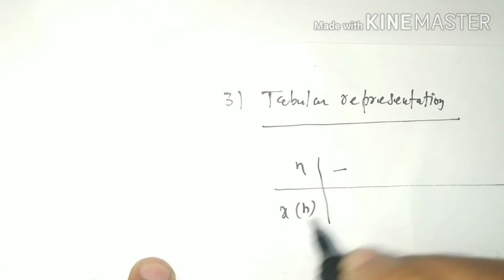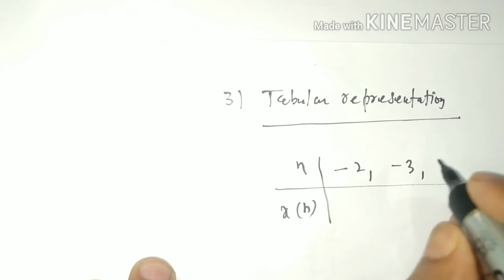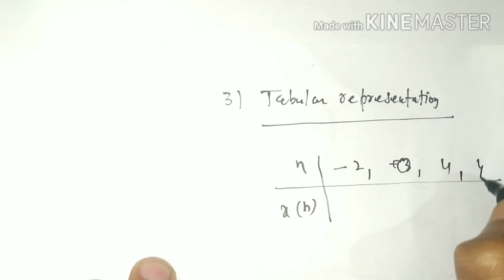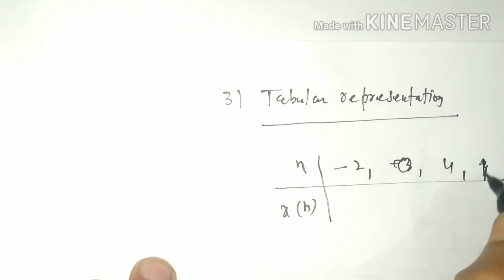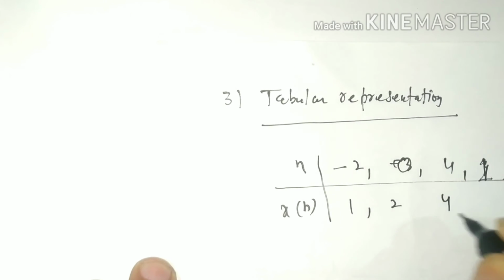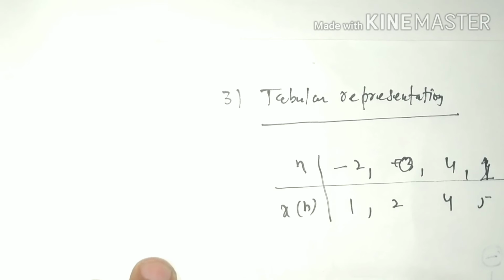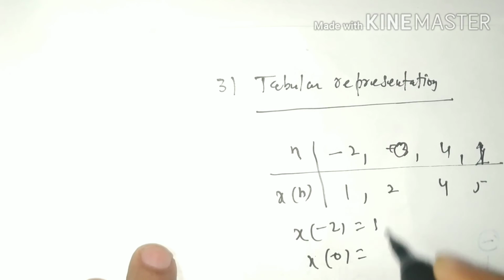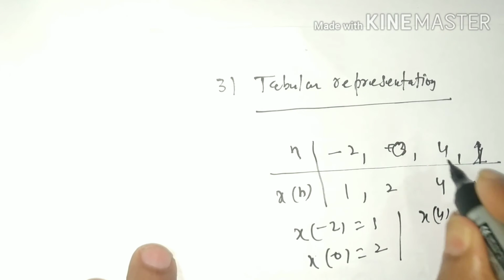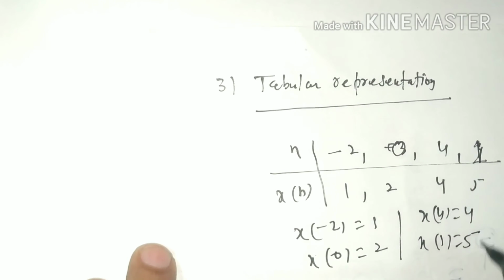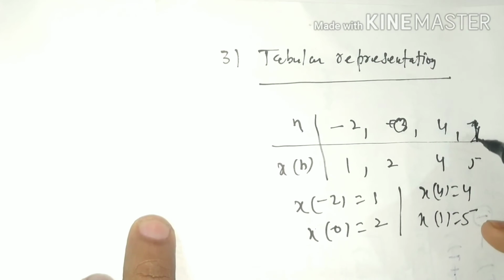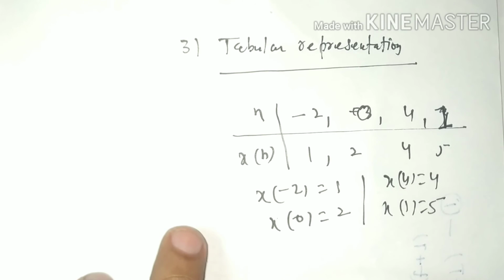If we are given the values like this, -2, -1, 0, 1 for n, and the values are 1, 2, 4, 5, this type of representation is called tabular representation, where we get x[-2] equal to 1, x[0] equal to 2, x[1] equal to 4, x[2] equal to 5. This is tabular representation.